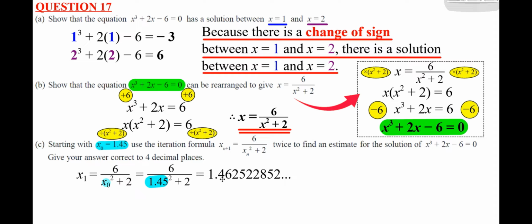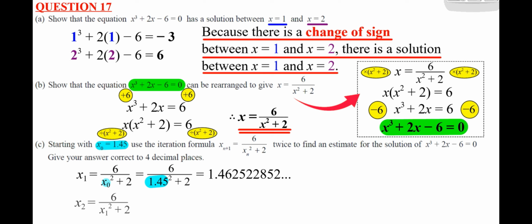So that's the answer we get first of all. I've used the formula once. We need to use it again, and then we're done, because it says to use it only twice. So the next one is going to be x subscript 2. And in the place of 1.45, we now use this updated x1 in its place. So you just keep putting in the previous answer again and again.